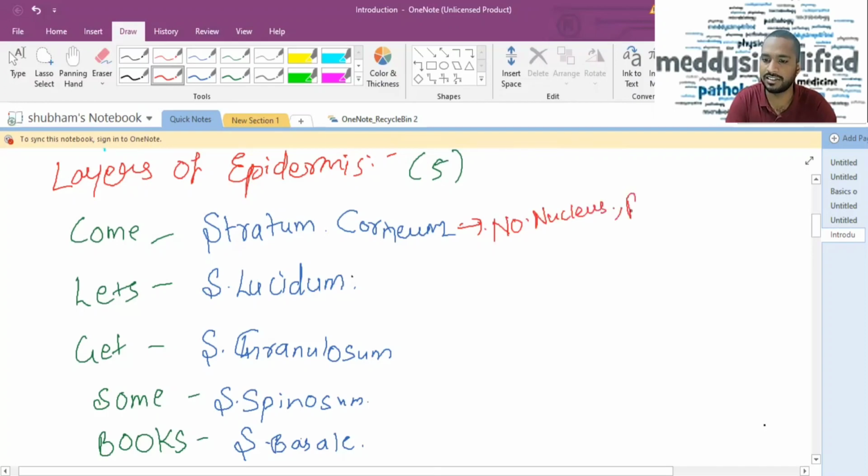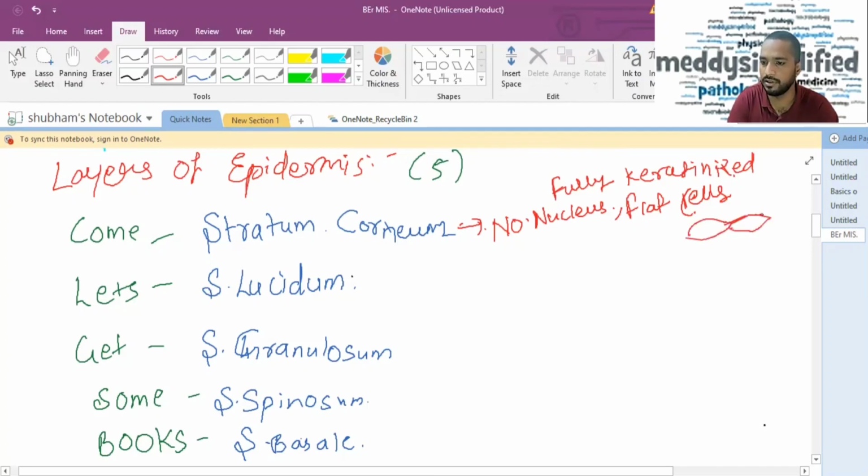It has flat cells, and the cells are fully keratinized, right? Fully keratinized. So if I'm supposed to draw a stratum corneum, I will draw a layer of flat cells with no nucleus. Somewhat we can draw it like this.